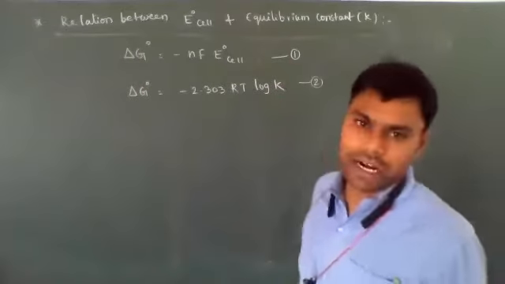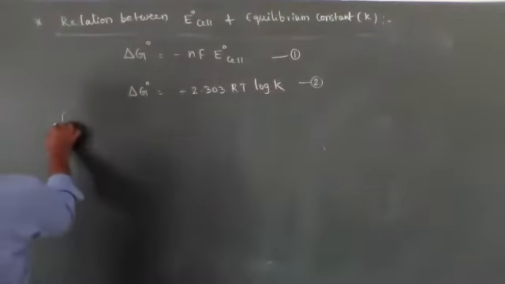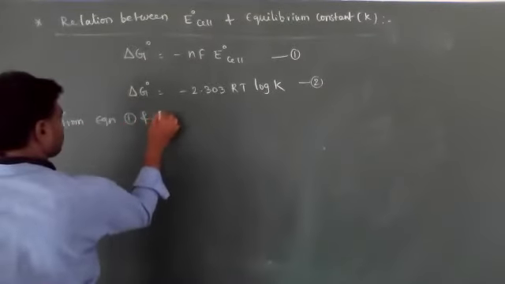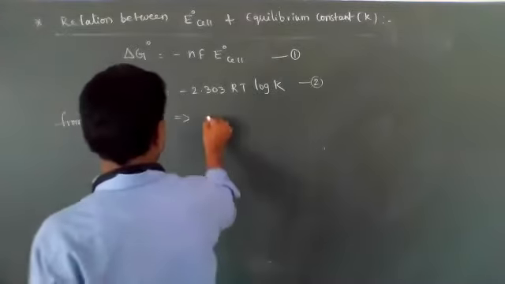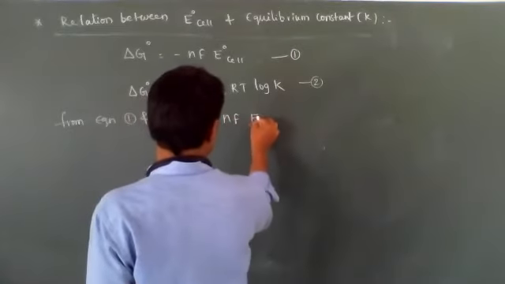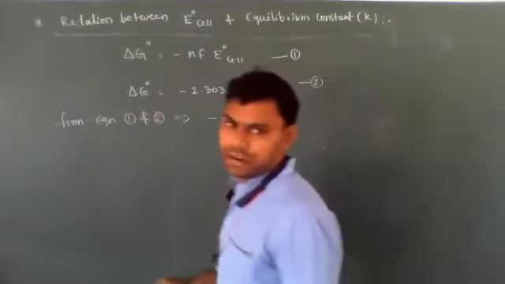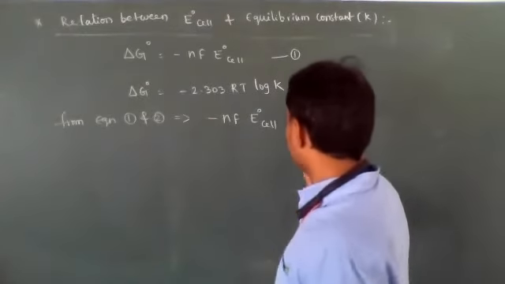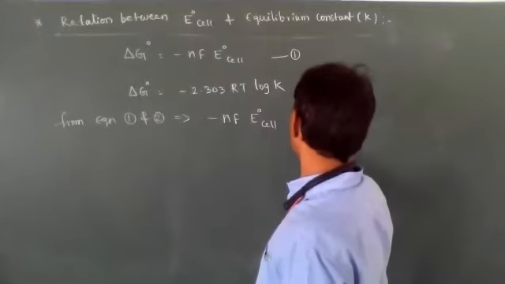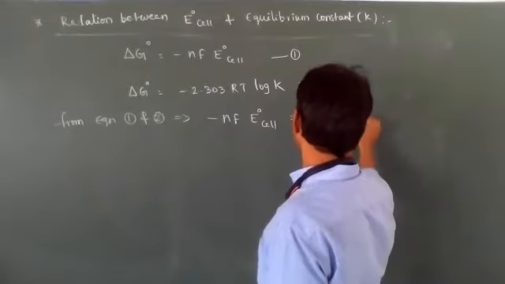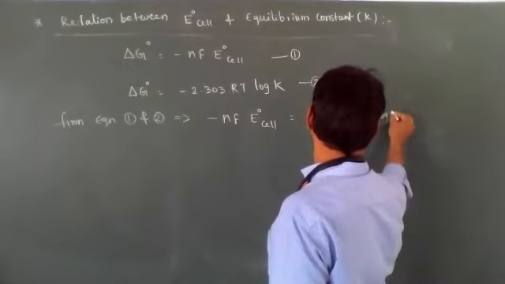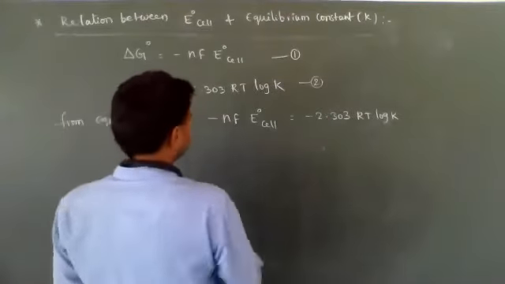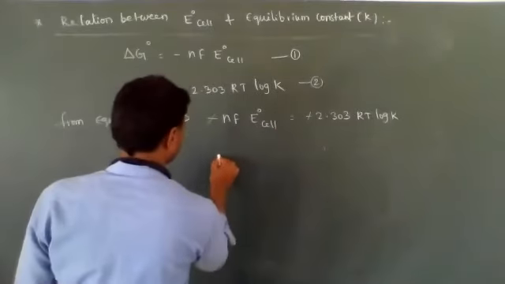Now from equation 1 and 2, minus nF E0 cell, where E0 means standard electromotive force of the cell, is equal to minus 2.303 RT log K. Now this minus and minus will cancel.